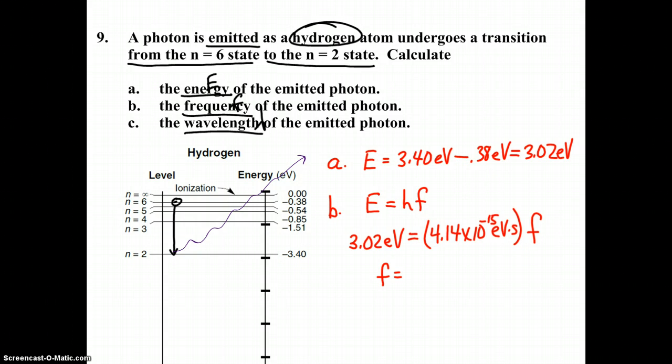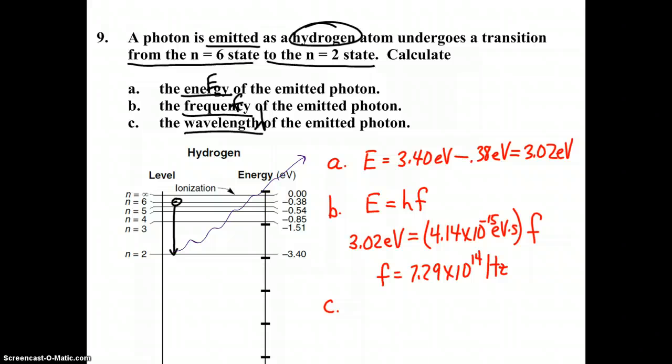Calculate, pause if you need to, and we get a frequency of 7.29 times 10 to the 14th hertz. Okay? And we know that that falls in the violet range of visible light.